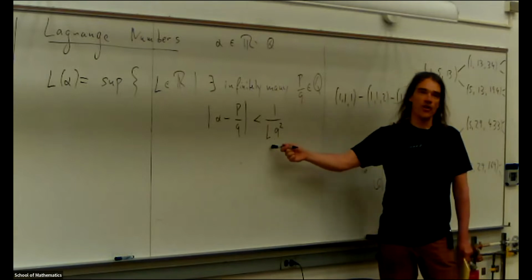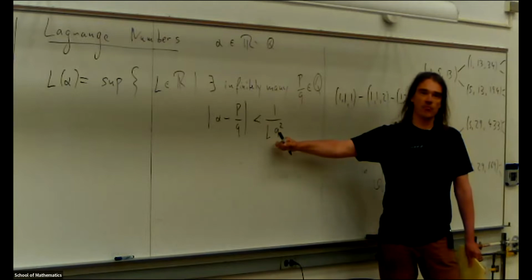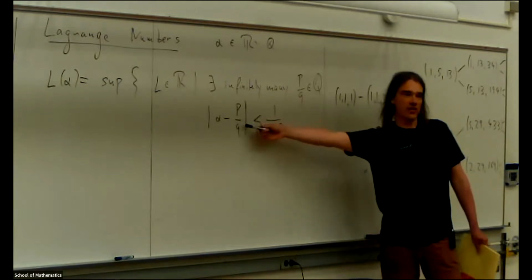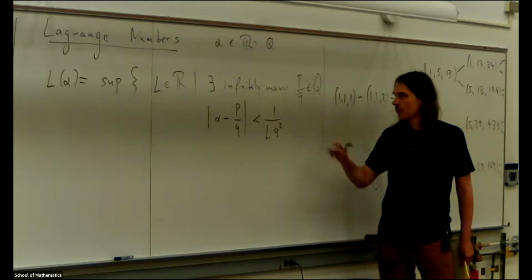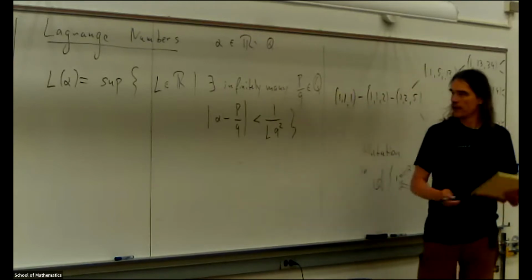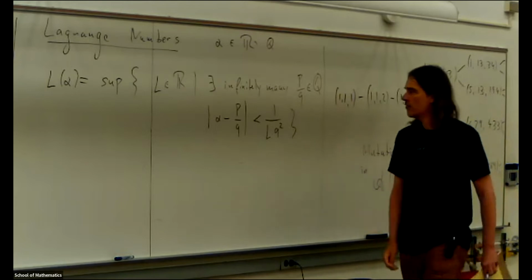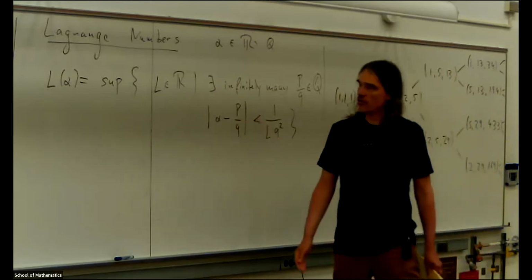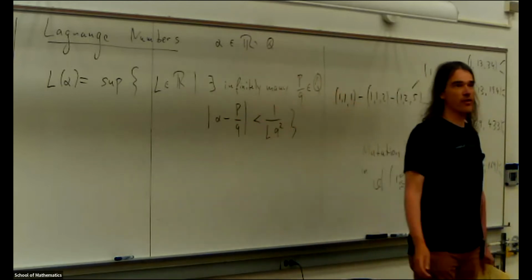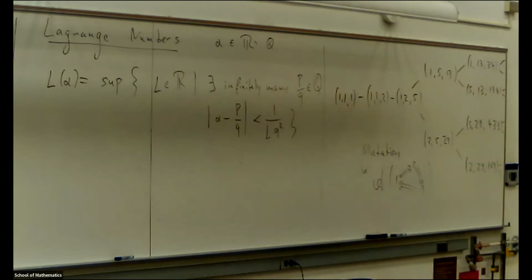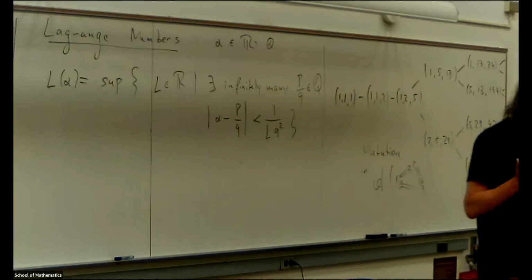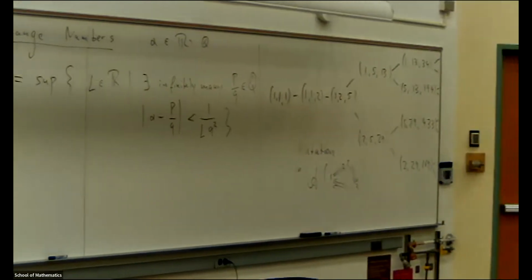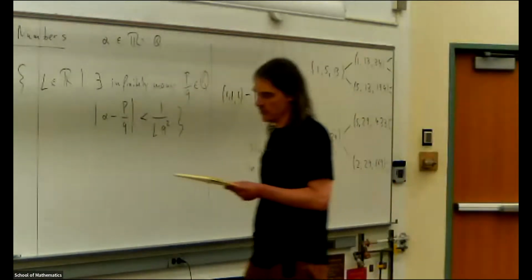So you want to know what is the maximal constant that you can put here, such that you still have infinitely many p over q that approximate your number. And so this depends on the real number alpha that you start with. And so you can associate this L of alpha to it. It's the Lagrange number. And in a way, it measures how well you can approximate your number by rational numbers.